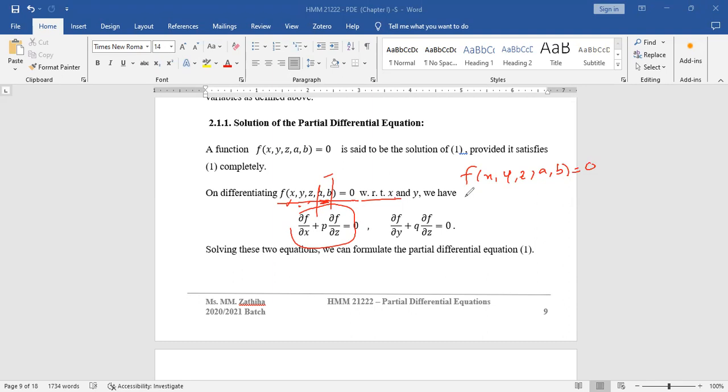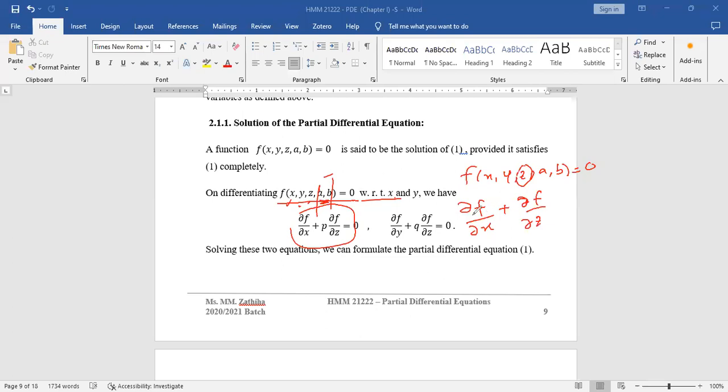So if I differentiate with respect to x, what do you get? So ∂f/∂x. Okay. First of all, I need to differentiate this one. Then I also have z, so I also have to differentiate that one as well. So first of all, I have ∂f/∂z. Why is there no y term? If you differentiate with respect to x, it will be 0.